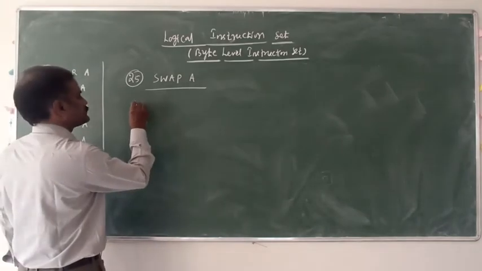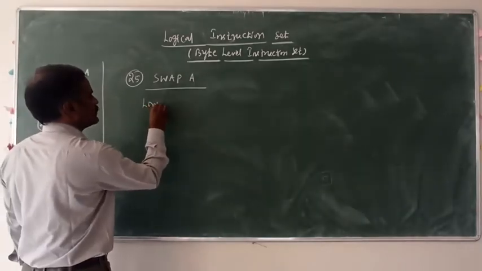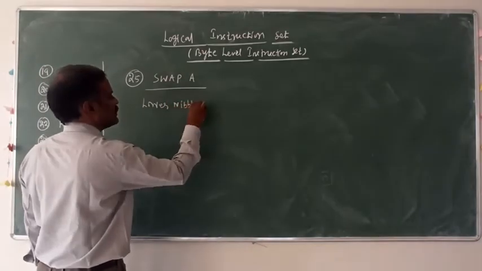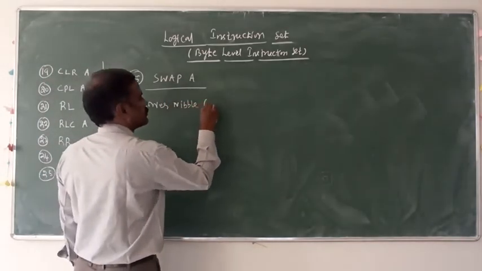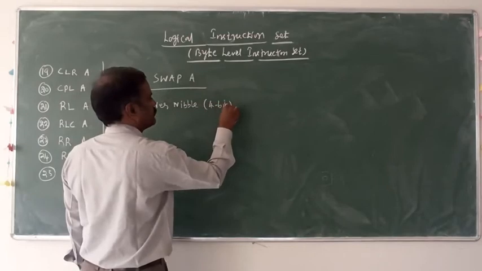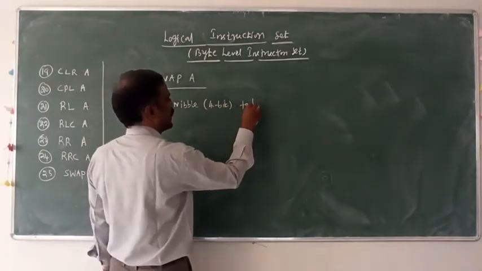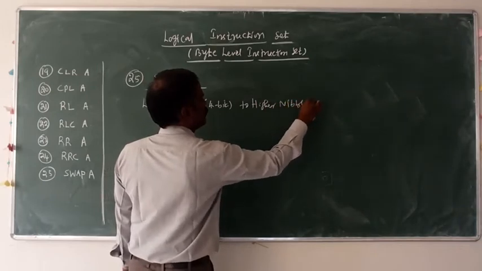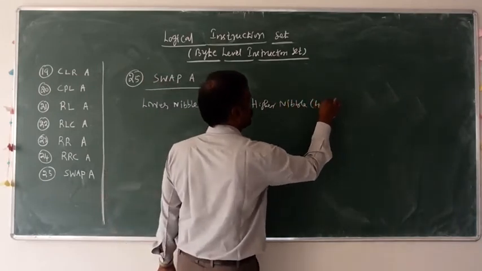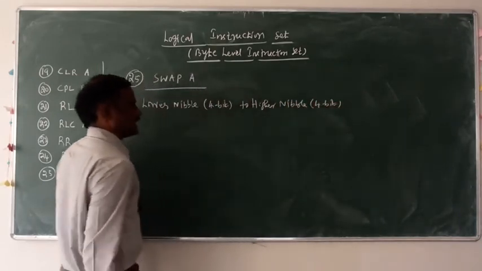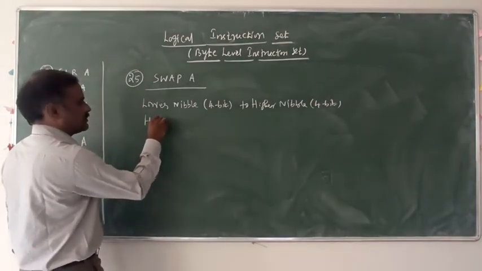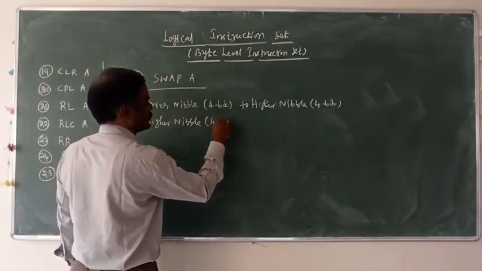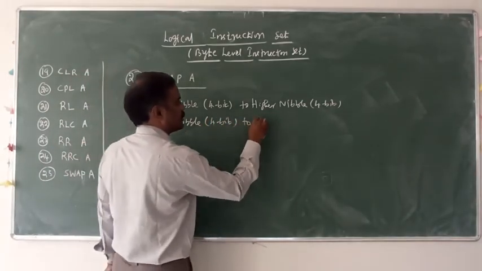Okay, here lower nibble 4 bit to higher nibble 4 bit, and then higher nibble 4 bit to lower nibble.